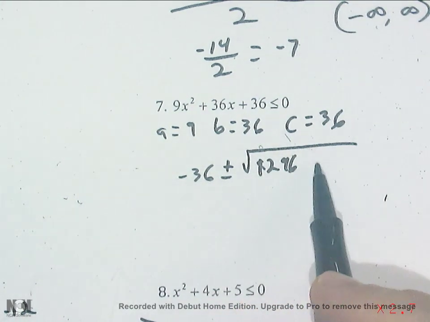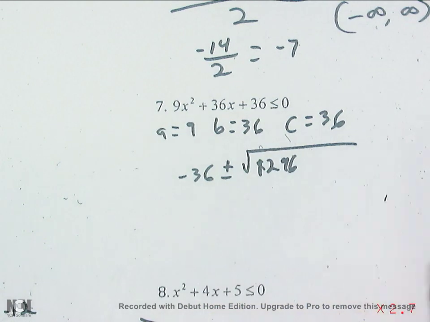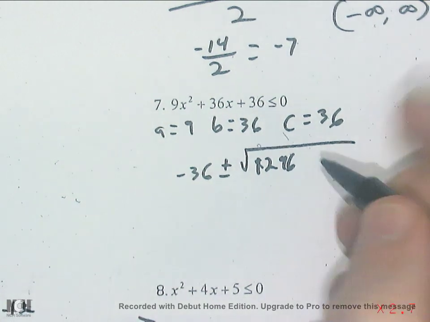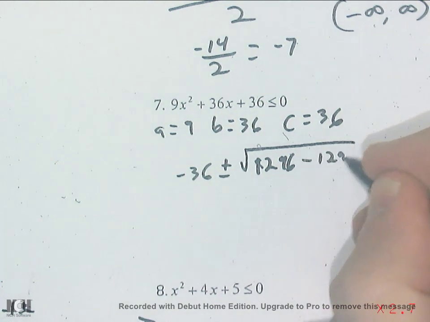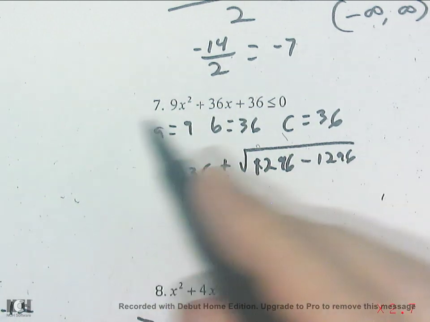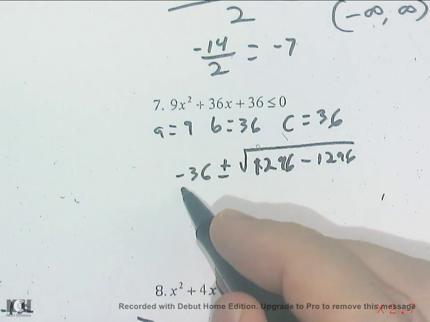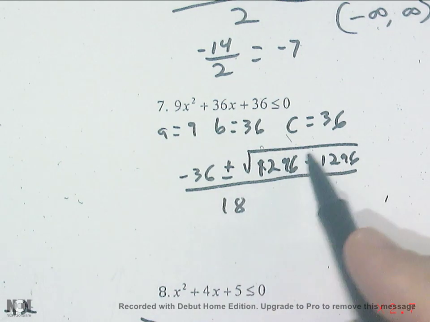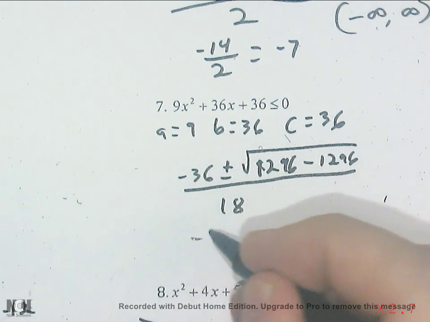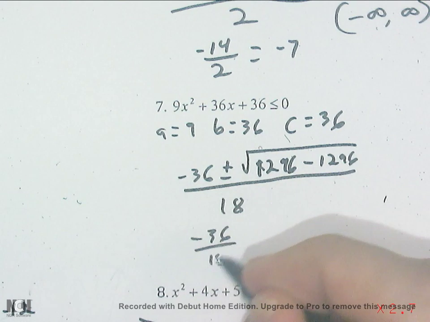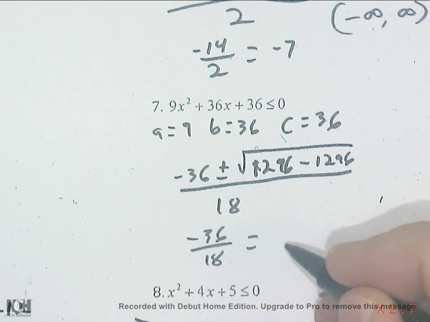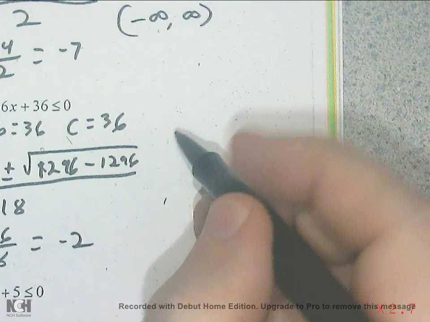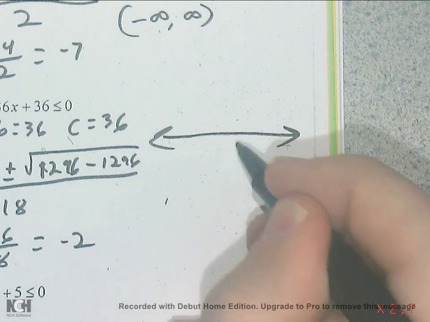And then minus 4 times 9 times 36 would also be 1,296. So minus 1,296. All over 2 times 9, which would be 18. So that goes to 0. So I'm left with negative 36 over 18, which is equal to negative 2. So again, only one solution.